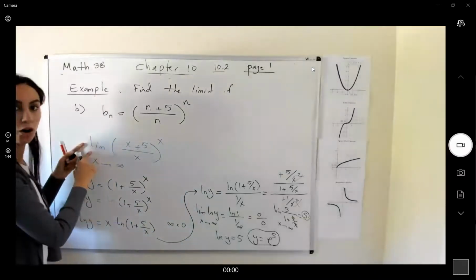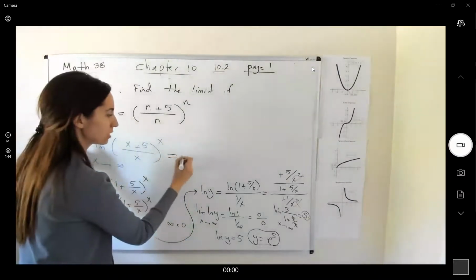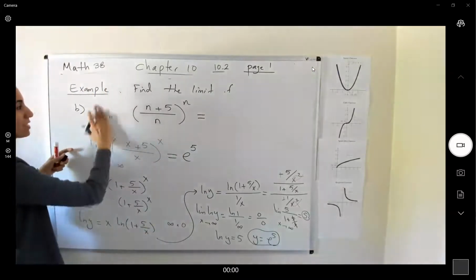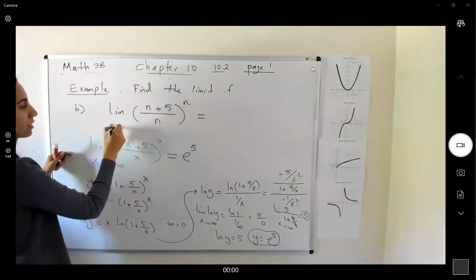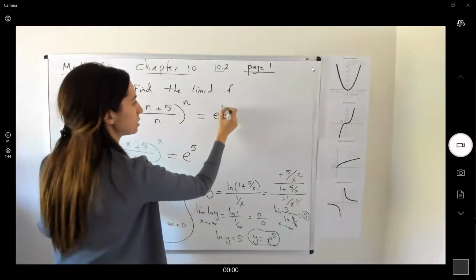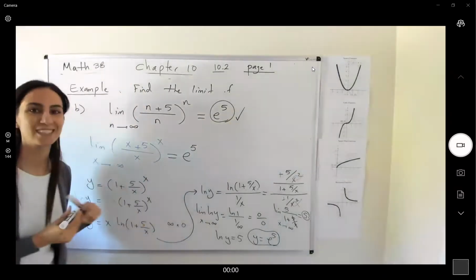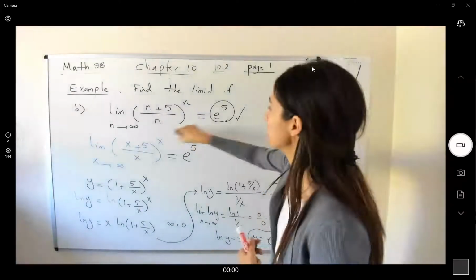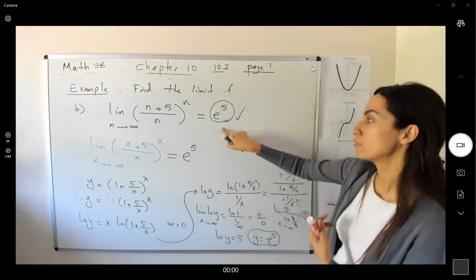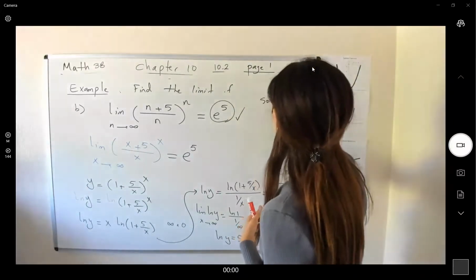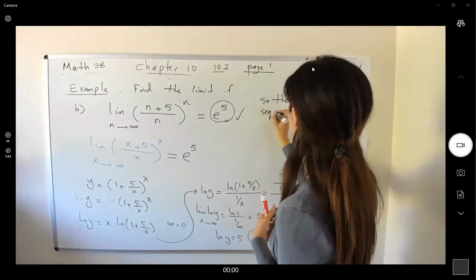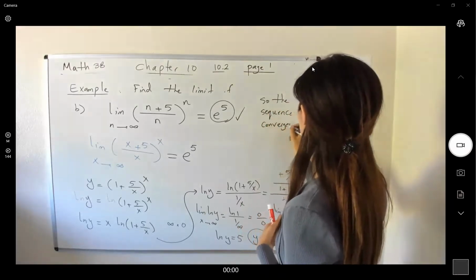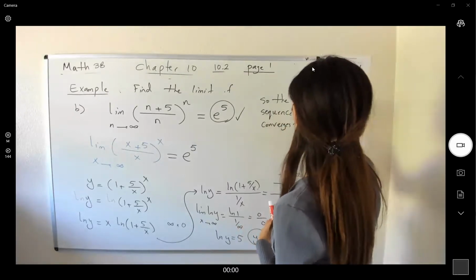So the limit of your function is e to the 5th. So the limit of your sequence as n goes to infinity is e to the 5th power. And since this is a unique number, we say that the sequence converges to e to the 5th.